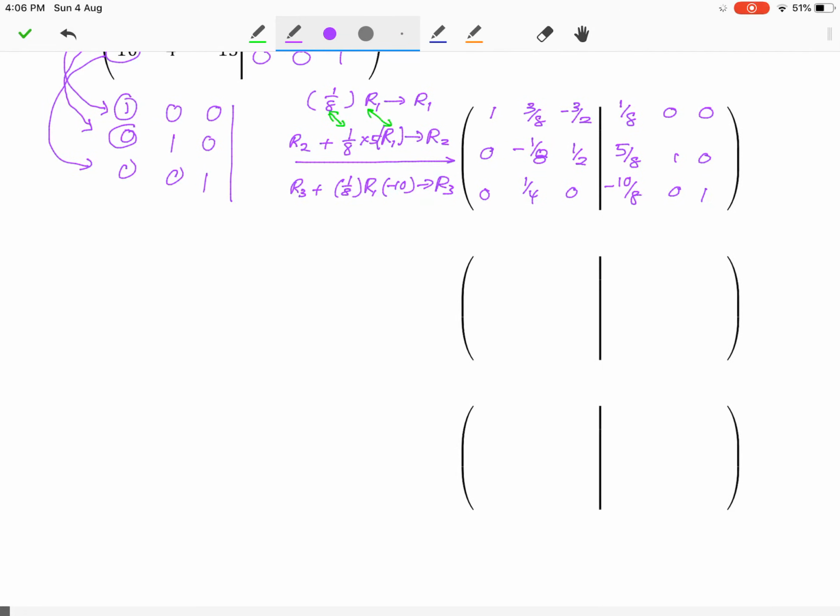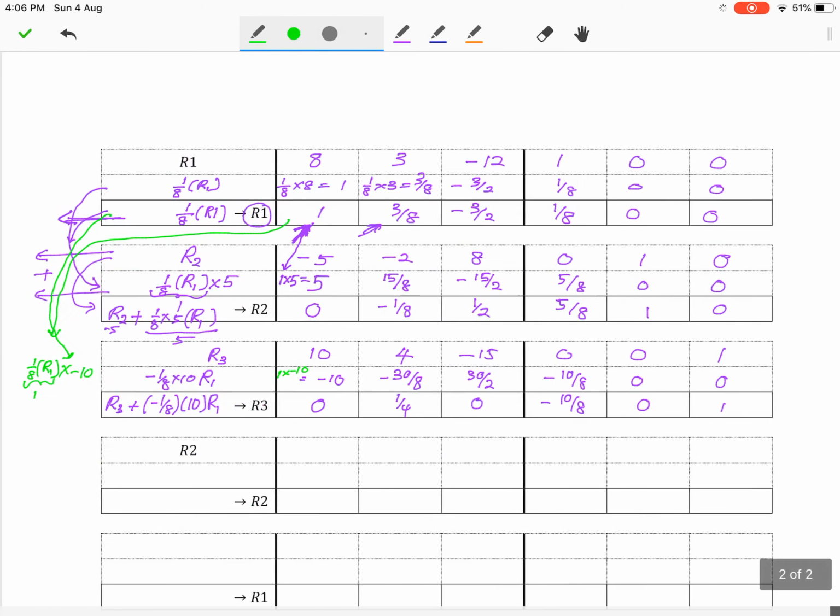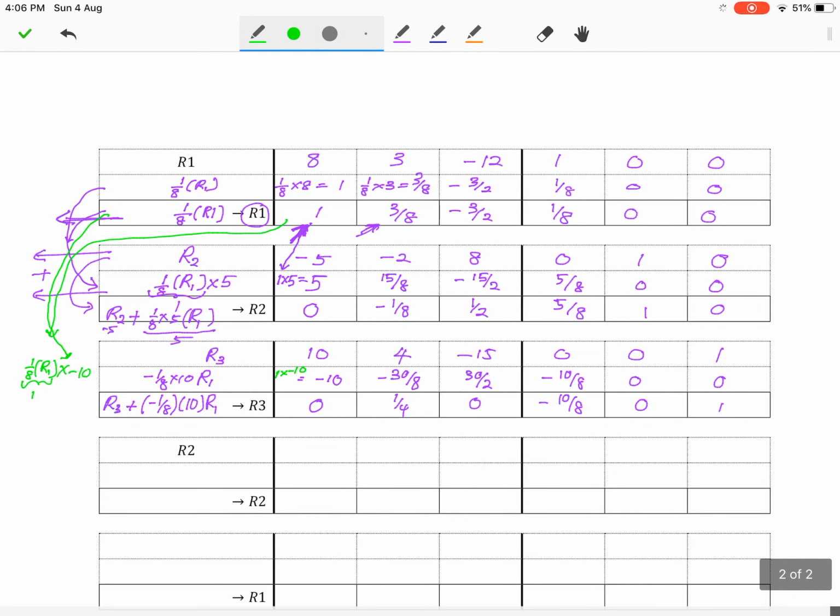Okay, now in this second bracket, what you want is for this part to become 1, because identity, as you can see, is 1 in the middle. So let's write down the new R2 in this grid. So technically I'm going to bring this one here to this one.